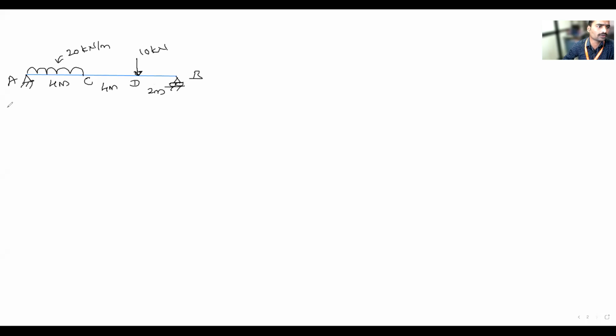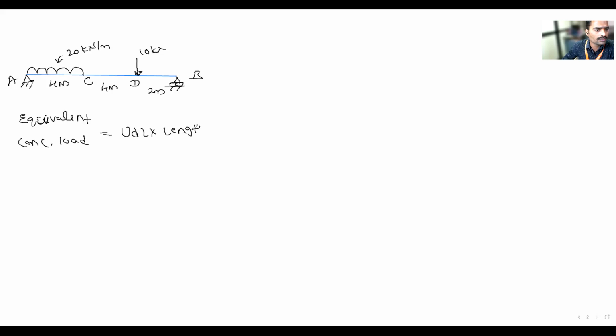So first you have to find the equivalent concentrated load. The equivalent concentrated load is equal to UDL into length.